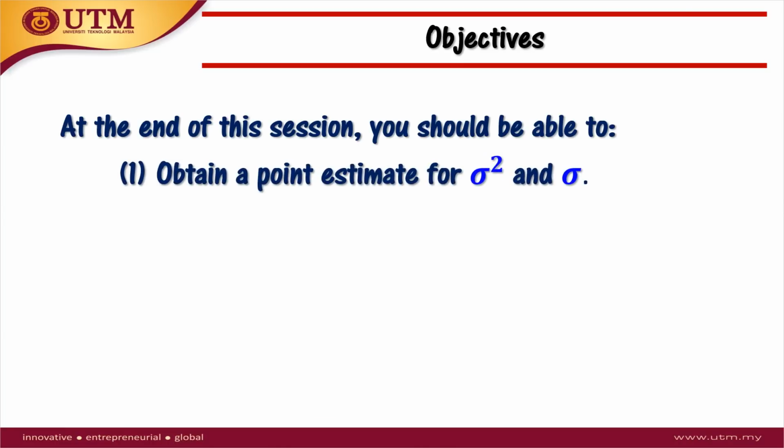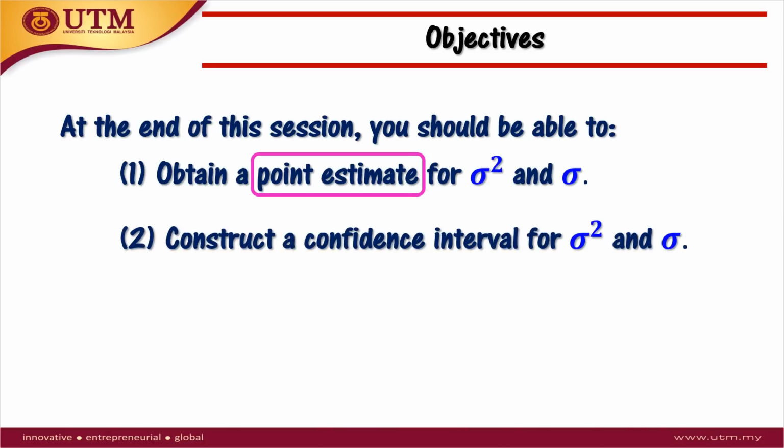First, you should be able to obtain a point estimate of an unknown population variance sigma squared and for an unknown population standard deviation sigma, either by identifying or recognizing the value of the point estimate from sample information or by calculating the value of the point estimate using your scientific calculator if you are given a set of sample data.